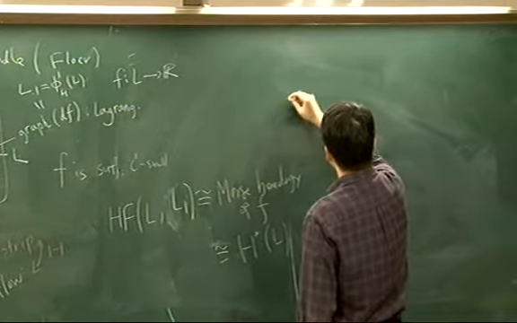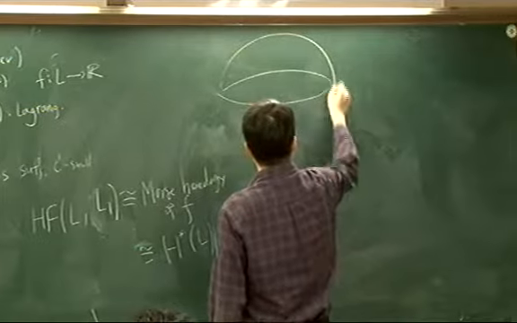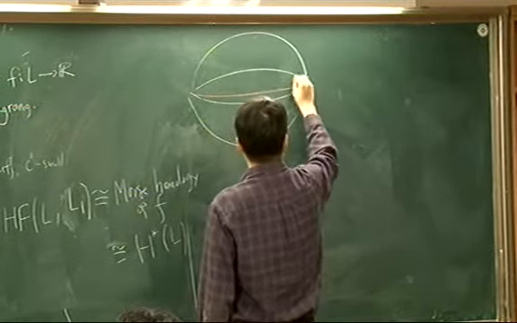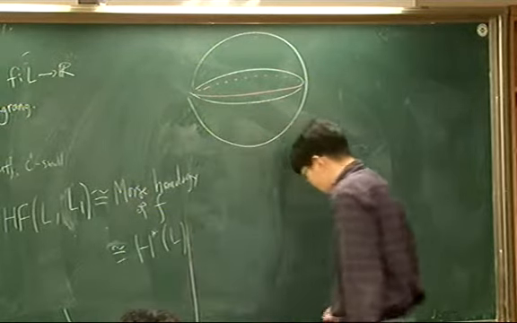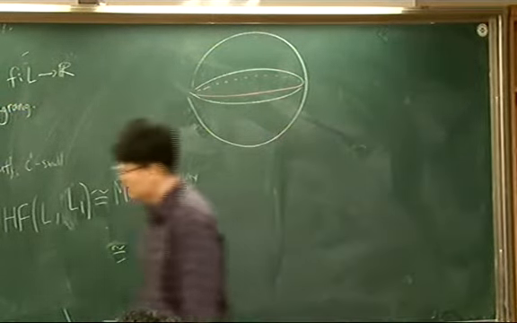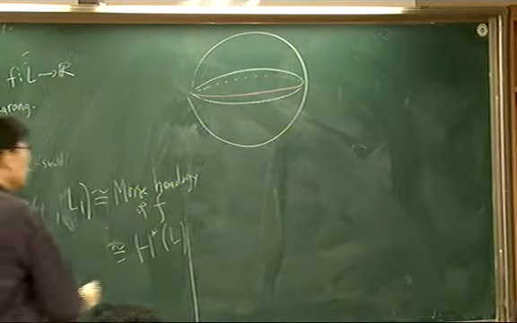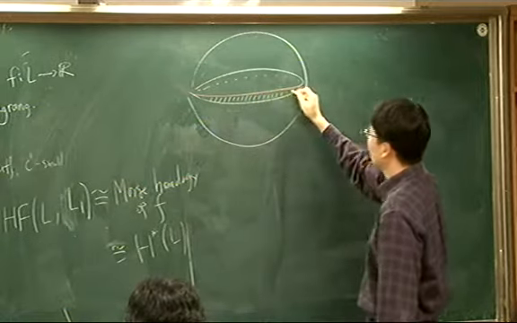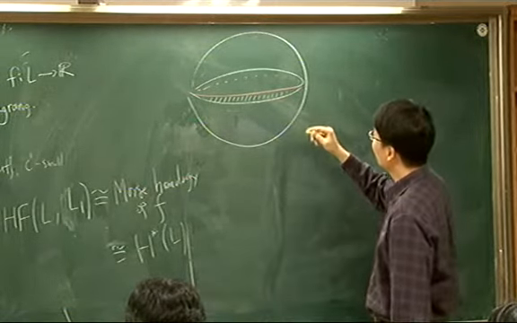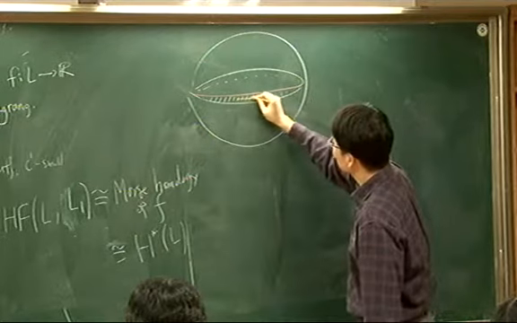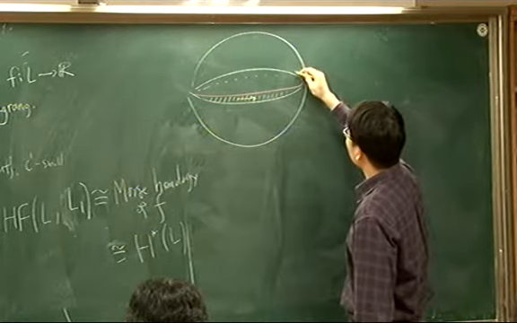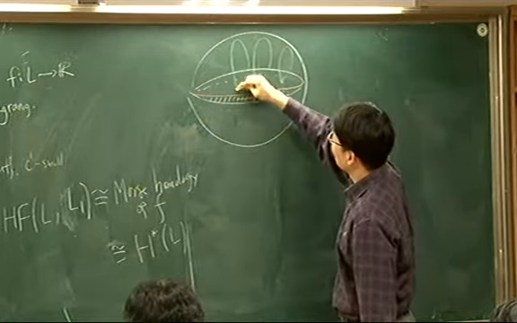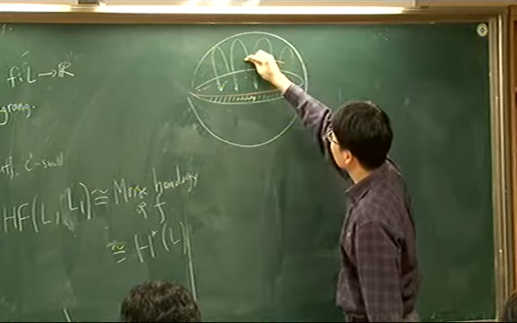And in general, for example, if you have a sphere and another Lagrangian manifold, then holomorphic strips are of two types. There is a very thin one, which goes in this direction, and there is a very thick one, which actually flows this way.